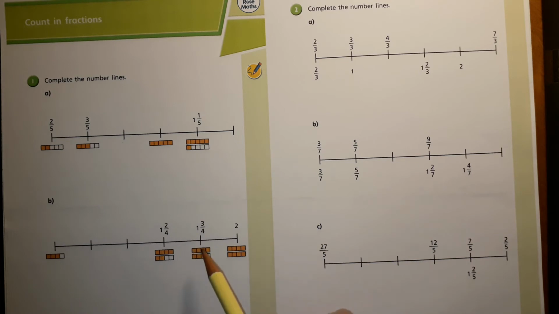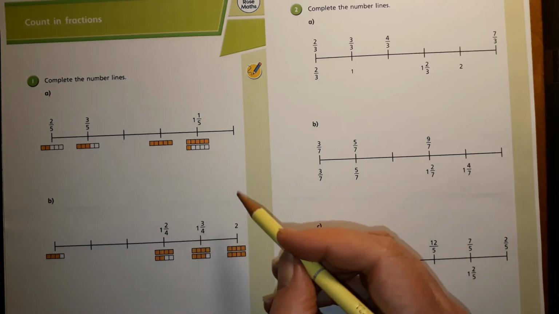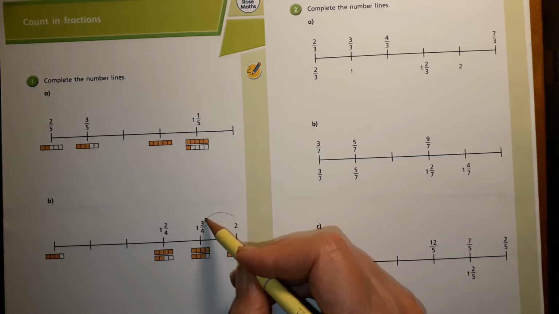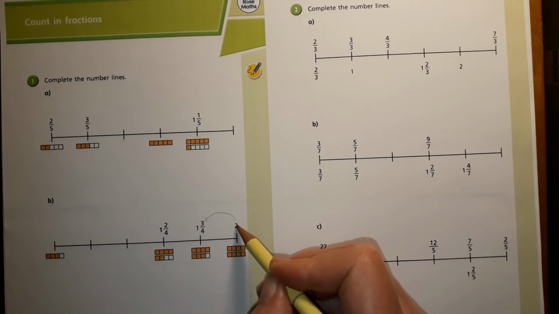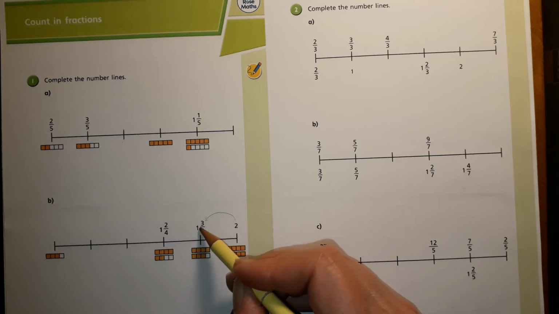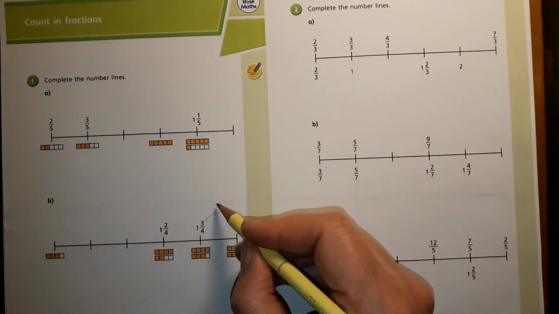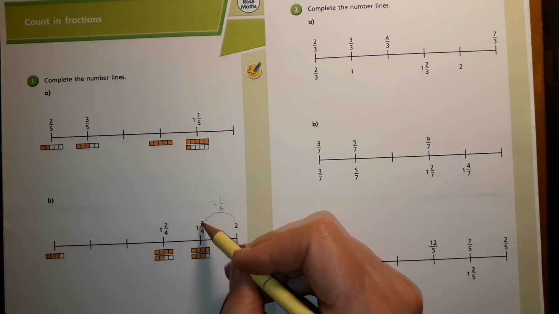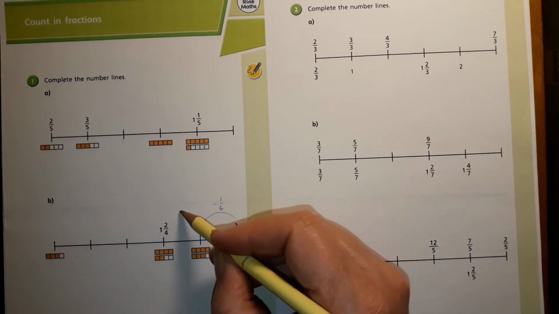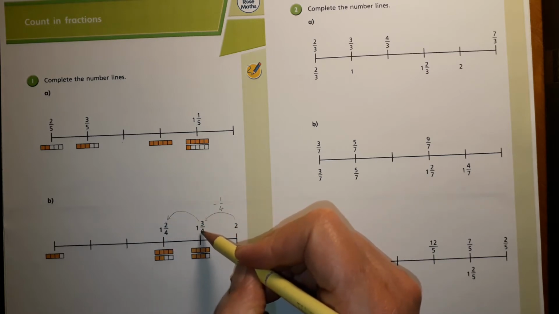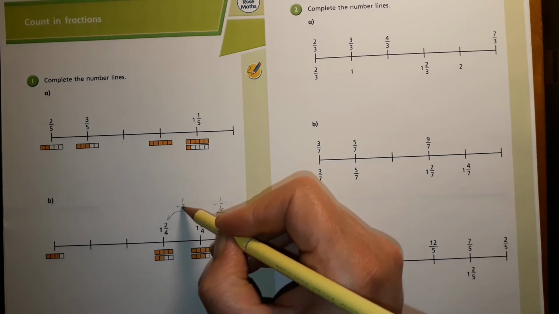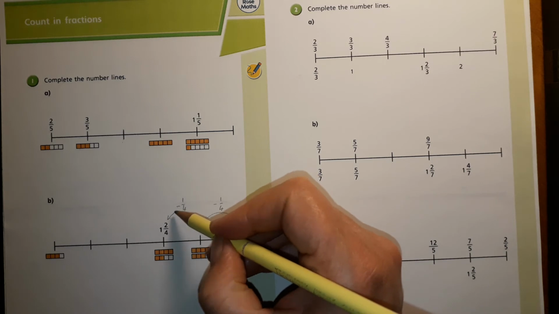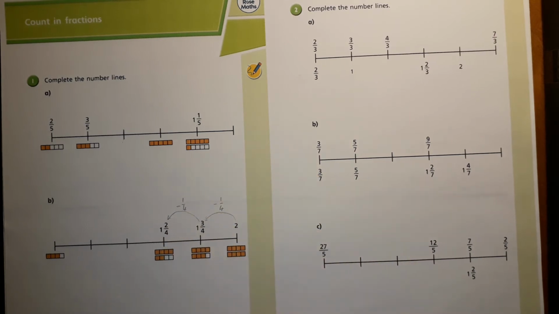Each time you're working out what you're counting in, work out what step has happened between each fraction. So to go from 2 wholes to 1 3/4, I've subtracted 1/4. I'm going to check it's the same. 1 3/4 subtract 1/4 is going to be, so I write it up here, 1 2/4.